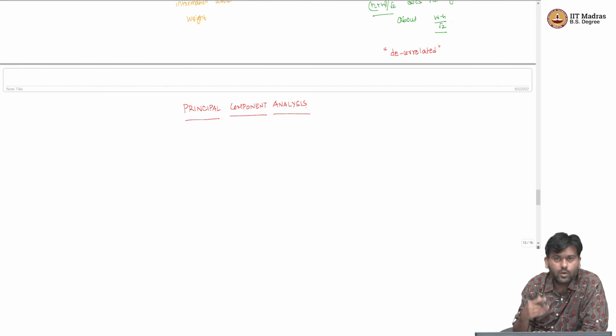Nevertheless, we thought it would be good to start with this algorithm, because some of the ideas that we will see now, which you may not have seen in the MLF course, would lead us to something more fundamental in machine learning. And the W1 to Wk that we have managed to find, these vectors are called the principal components.